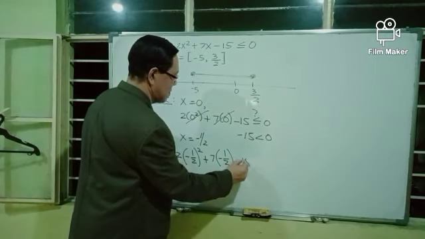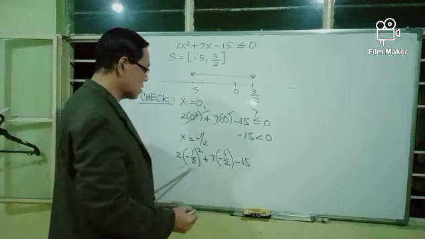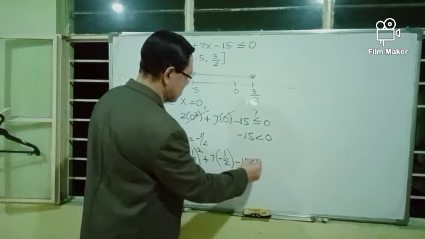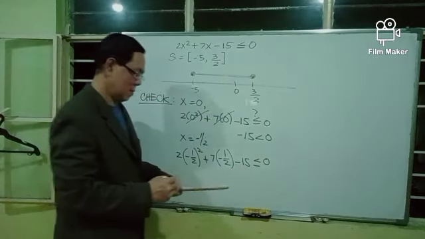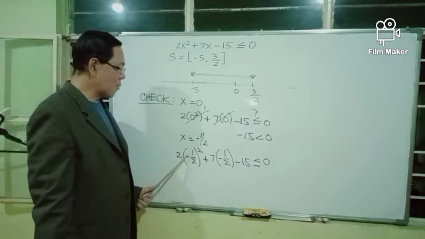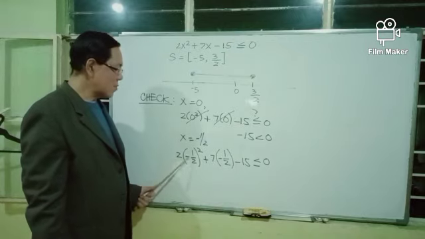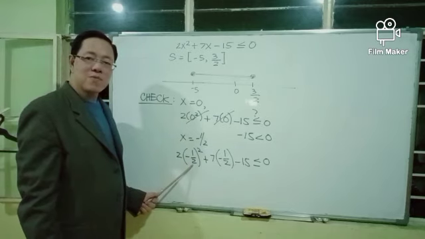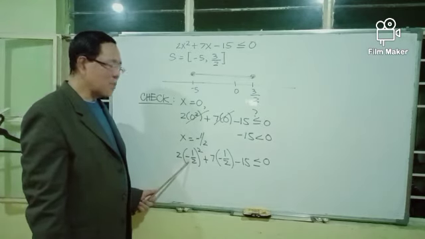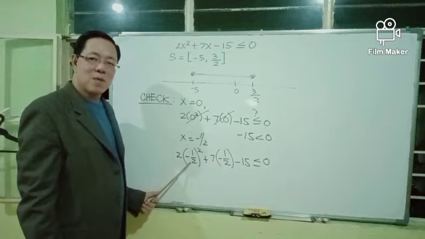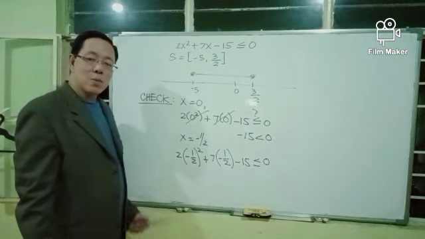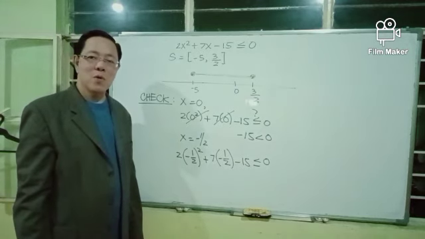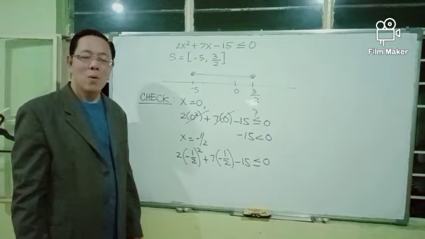And we want to check if this, when simplified, is less than or equal to 0. The square of a negative is positive. The square of 1 is 1, and the square of 2 is 4. Thus, the square of negative 1/2 is positive 1/4. And multiplied by 2, that's 1/4 times 2, you get 2/4, or in lowest terms, 1/2.